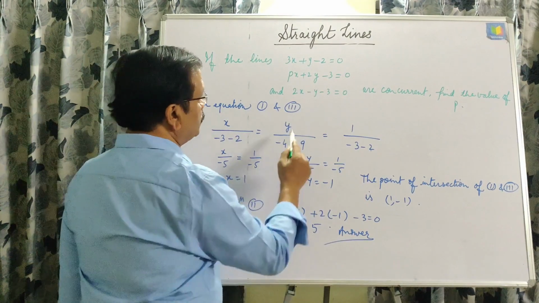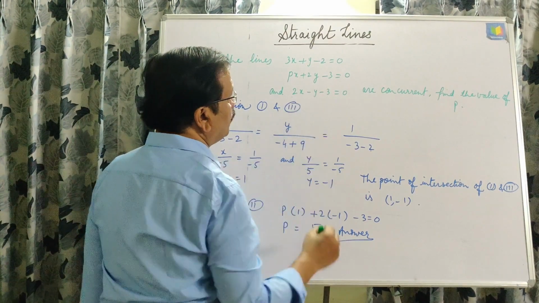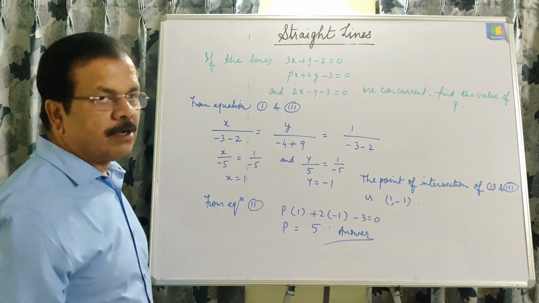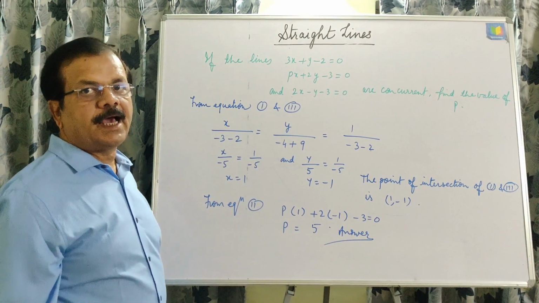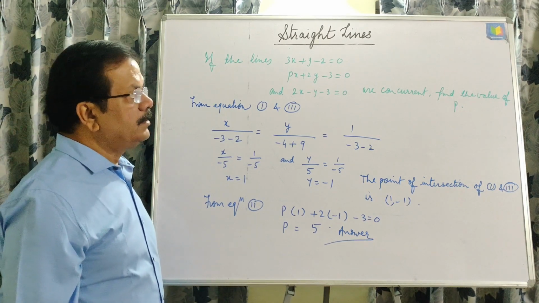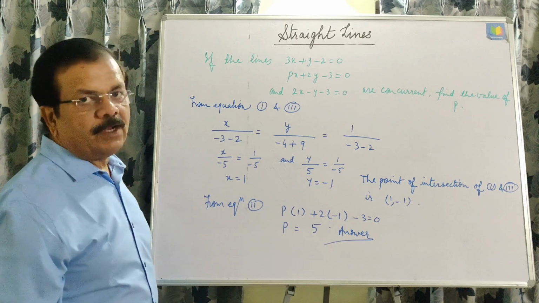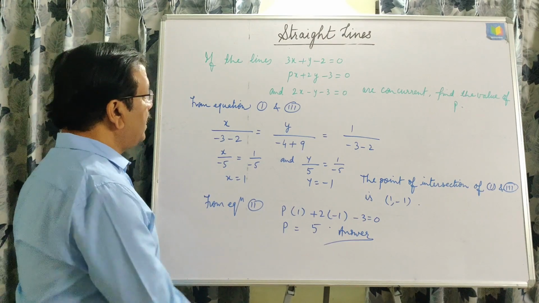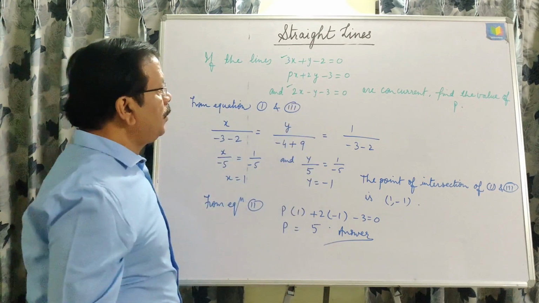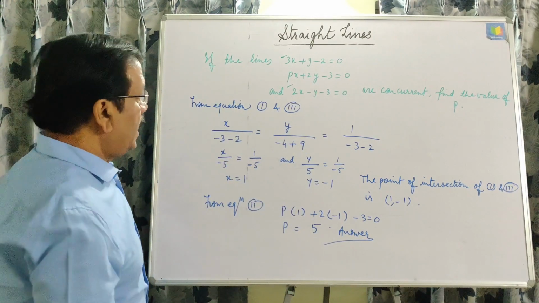Now next question: if the lines 3x plus y minus 2 is equal to 0, px plus 2y minus 3 is equal to 0, and 2x minus y minus 3 is equal to 0 are concurrent, meaning these three lines will pass through a single point, then find the value of p. First of all we will find the point of intersection of two of these lines.